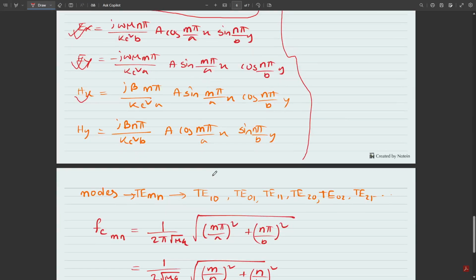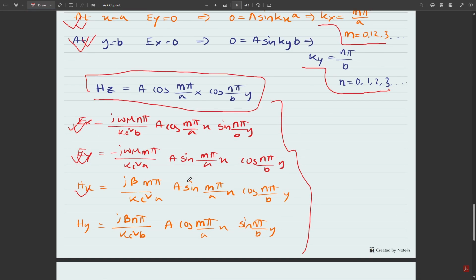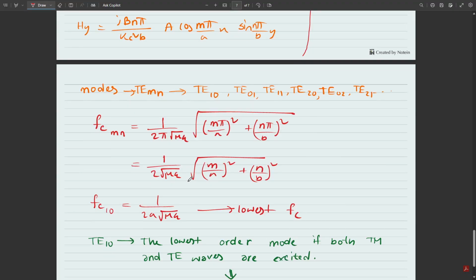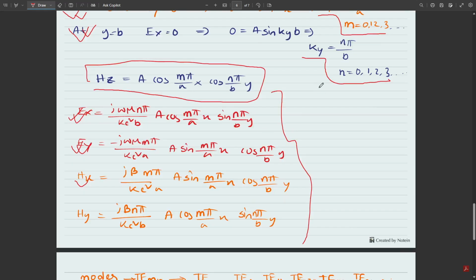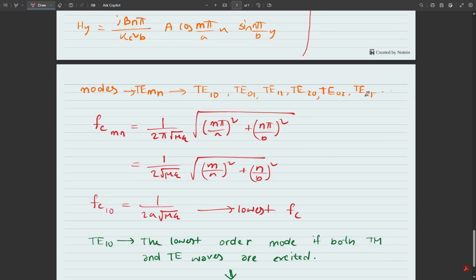So now if we see the modes for the transverse electric wave, in our previous case of the parallel waveguide we got only TE1, TE2, mode 1, mode 2 like this. But now as there are two variables m and n, we will be getting modes like TE10, TE01, TE11, TE20, TE02 in this way. Okay, the first index is m and the second is n.